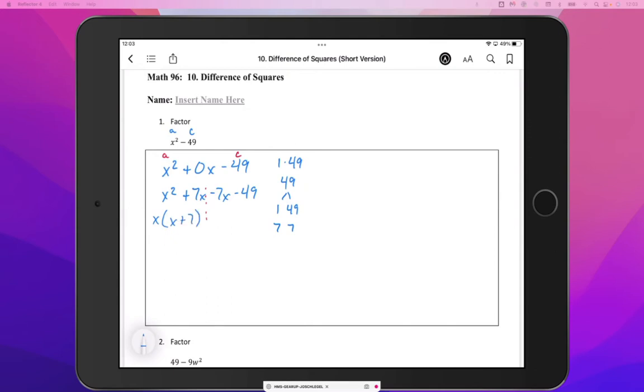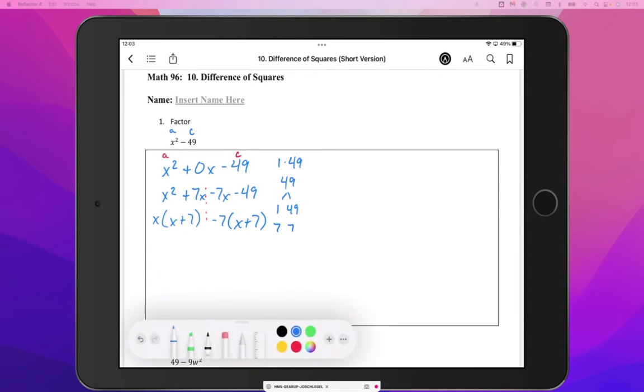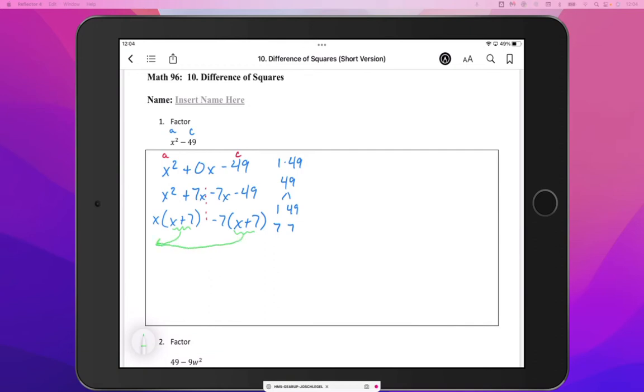On the right I could factor out a negative 7. That's going to make it look the same, an x plus 7. And then, as we have in the past, we can take both of these because they are an x plus 7 and factor those out. And we would have x plus 7 times what's left is x minus 7.